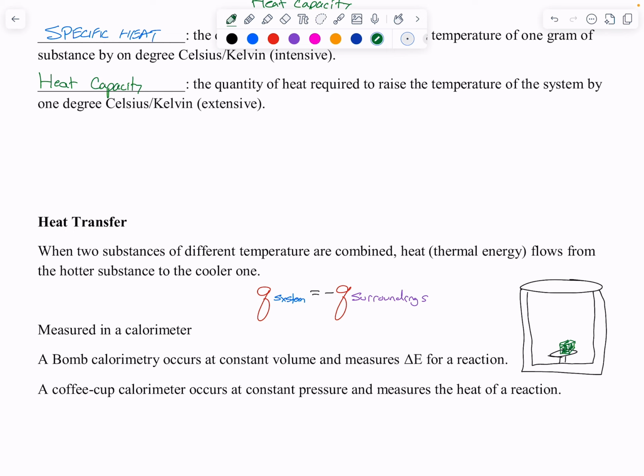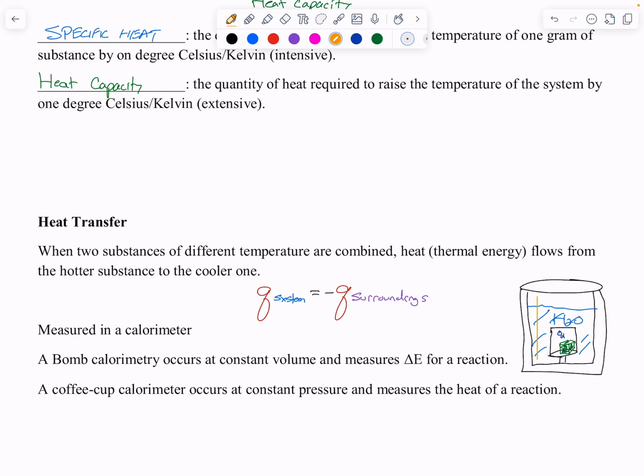And then you have in here, right, this is inside a bomb, and it's sealed, right? There's also O2 in there, okay? And then all around this is H2O, and then you have a thermometer in here somehow.